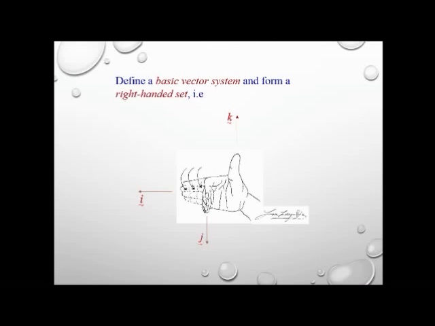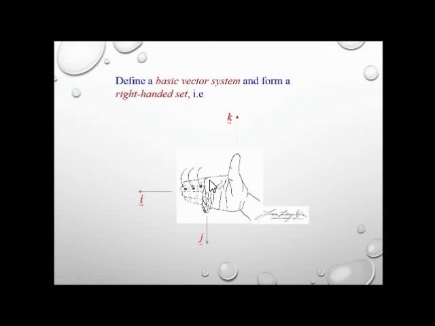Now how do we get the direction of any resultant vector? That is defined by the basic vector system and forms a right hand set, that is the right hand thumb rule. In the previous video about the basics of vector calculus, we saw how we get the direction of the resultant vector when we find the cross product. The cross product of A and B gives AB sin theta, and the direction is given by the right hand thumb rule.